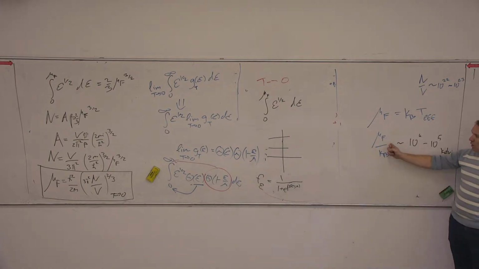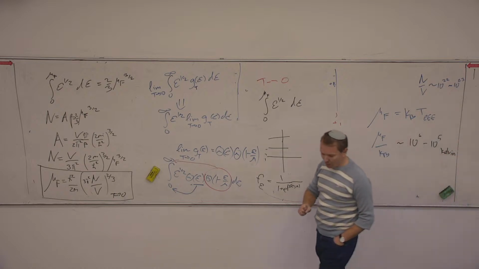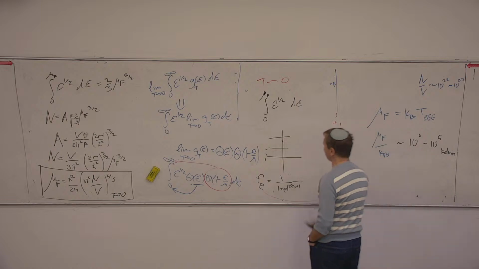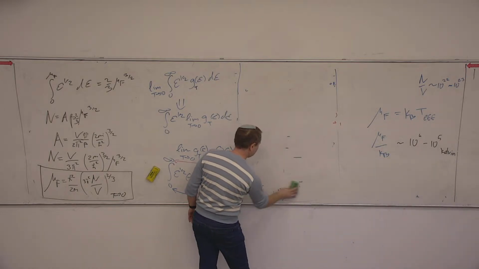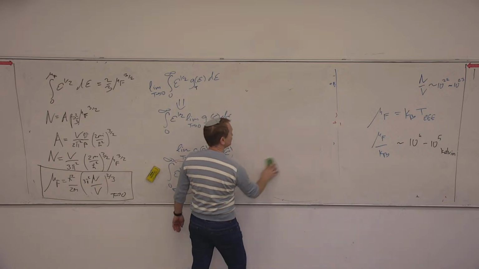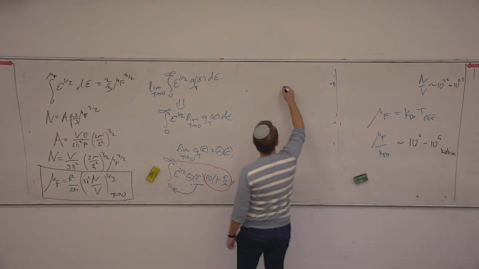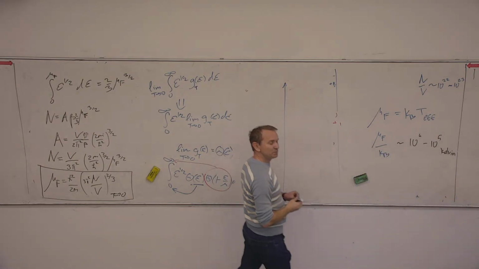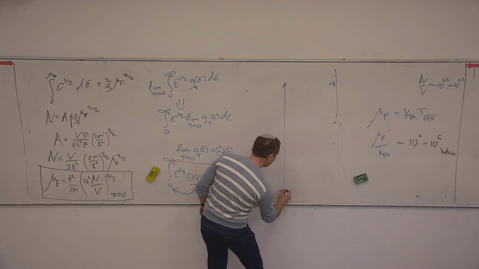So I'll explain it to the crowd. So mu f, the Fermi level, is the following thing. In the T goes to 0 limit, we have our spectrum of energies starting from 0 and going up.